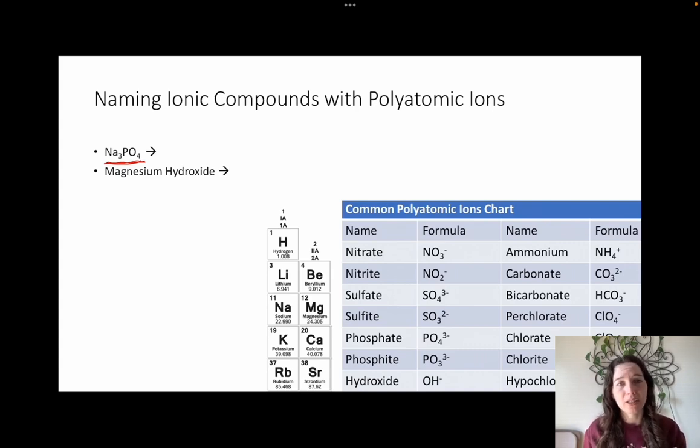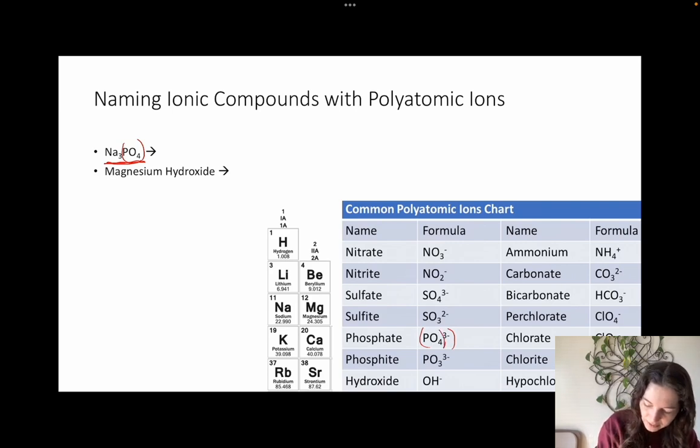But we've got an oxygen stuck to it. This here is right here in our polyatomic ion chart. It is a polyatomic ion. Here, actually, let me put the parentheses kind of here. The charge is outside of the parentheses. Okay. So this would be sodium phosphate.